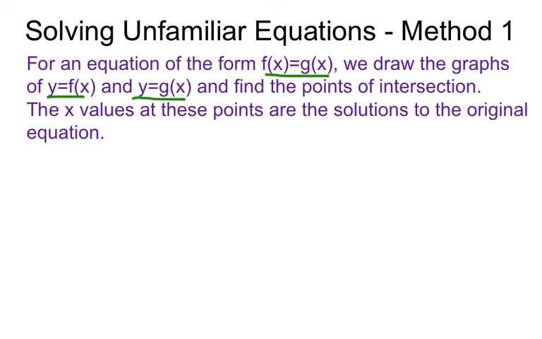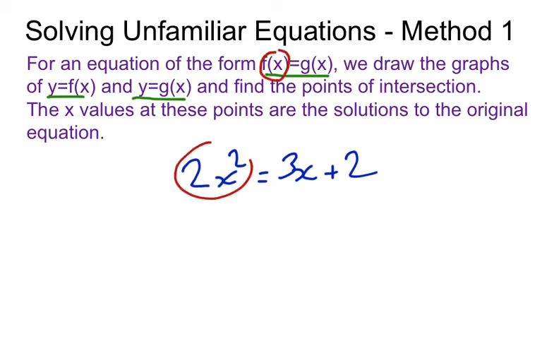So for our example, we had the equation 2x squared equals 3x plus 2. In this case, f of x is 2x squared and g of x is 3x plus 2.